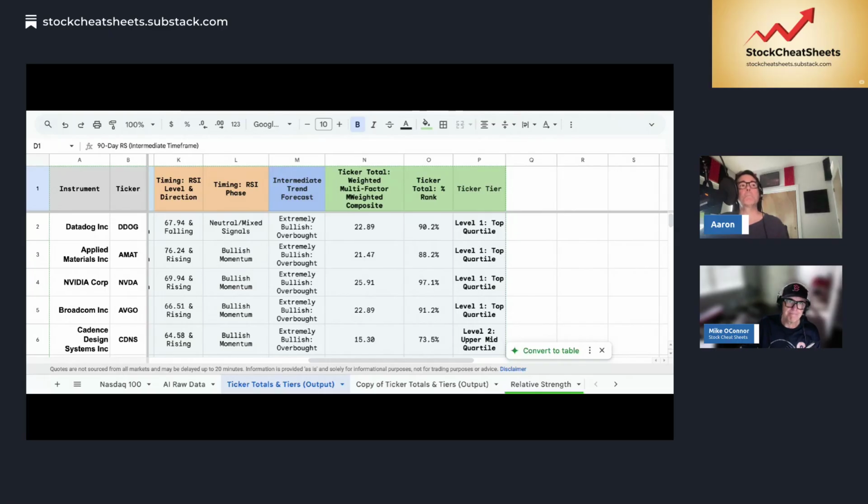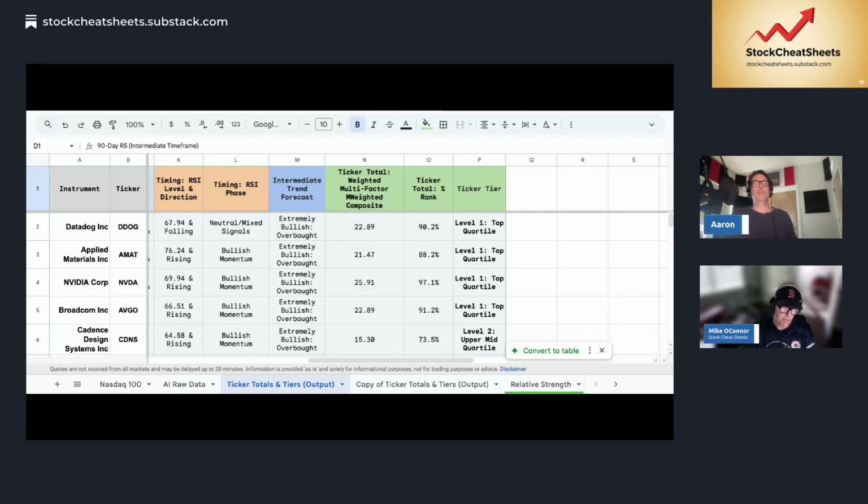And to your point, this is a great place to start your research, because if the RSI is 67 and falling, I want to put my eyeballs on that and see whether it failed to break 70 or is falling out of 70, because those tell me two different things. There's a limit to what the data can tell you.